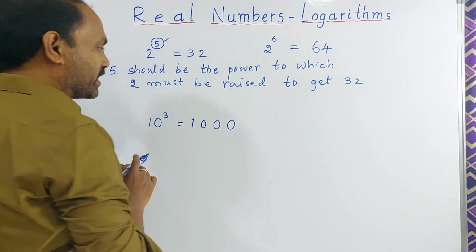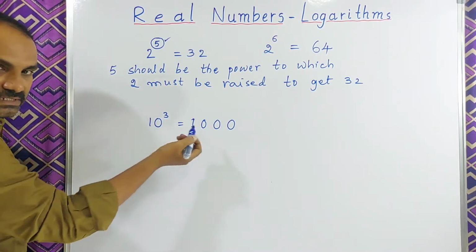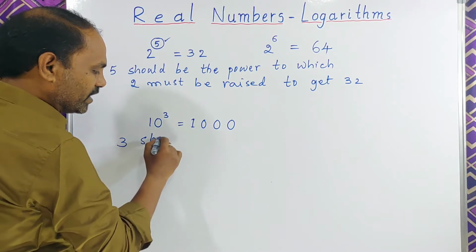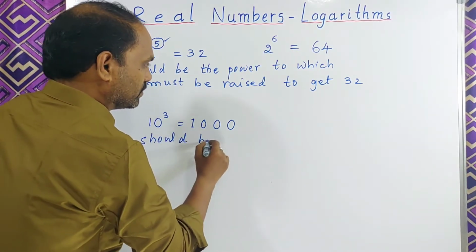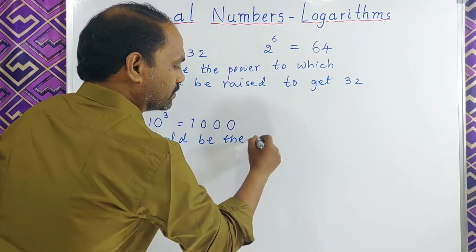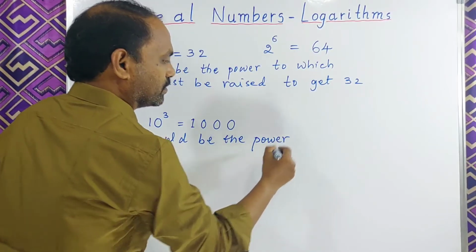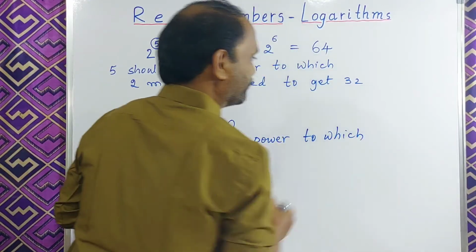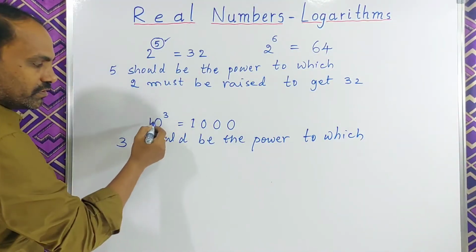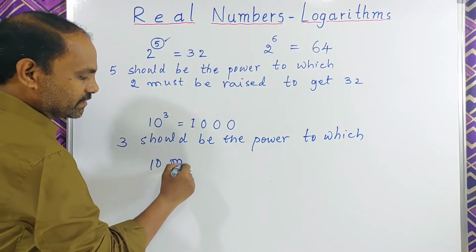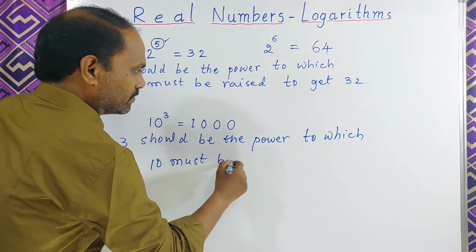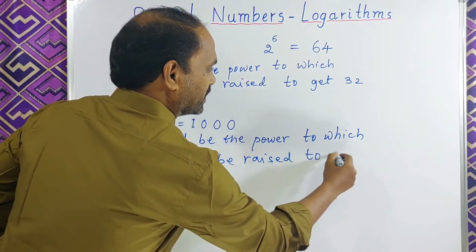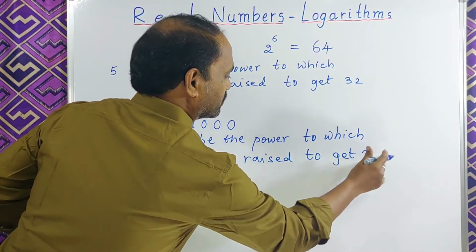So here, why am I writing this one? Here also, 3 should be the power to which 10 must be raised to get 1000.